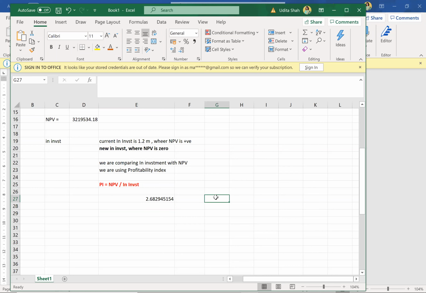Okay, so that is how much percent? That is almost 268%. So we can afford initial investment to increase by 268%.